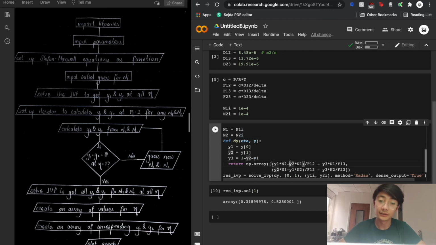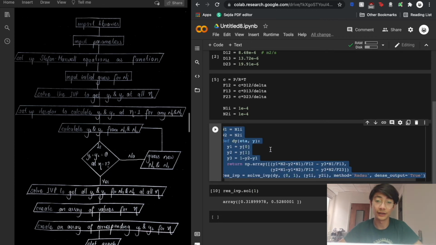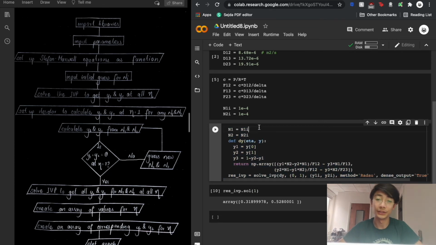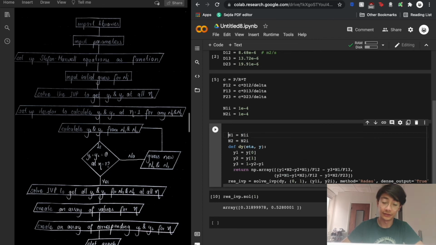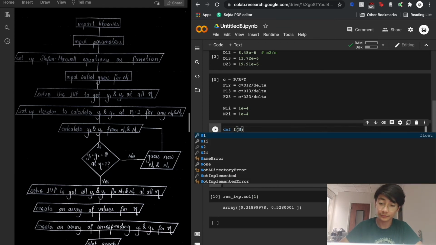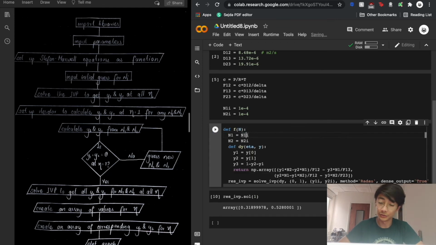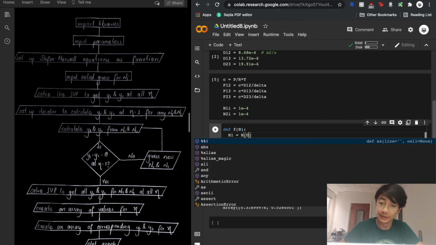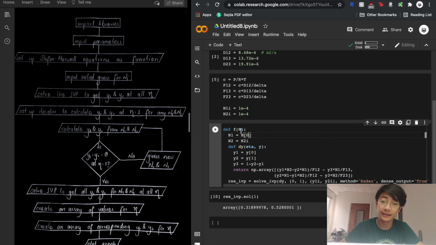So let's go ahead and treat this whole entire thing as a function, and we're going to see in a bit why that's important. So we go ahead and do that, and then we define it as a function where the function takes input n. And then what we can do here is n1 could simply be the first element in the array of n, and n2 can be the second element in the array of n.